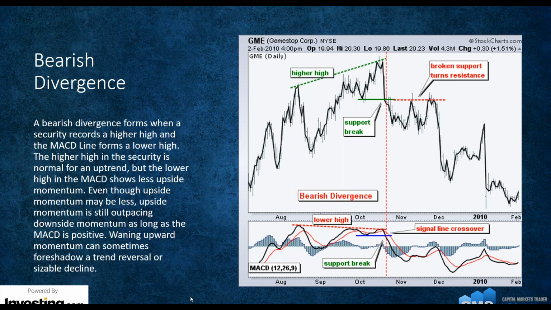The higher high in the security is normal for an uptrend, but the lower high in the MACD line shows less upside momentum. So we're getting divergence. So when we see this opposite movement between price and the MACD line, we are getting some type of an indicator.